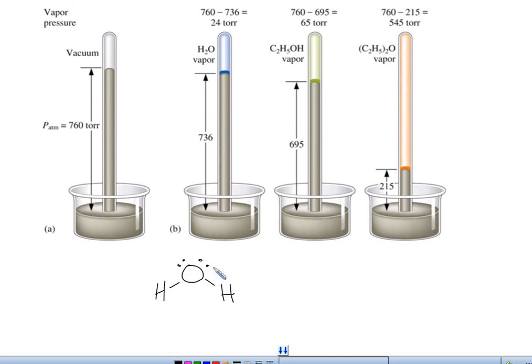So this oxygen region is no doubt slightly negative, and the entire hydrogen end of the molecule is slightly positive. And so we'd always said, I mean, this one's easy. Water molecules are joined with hydrogen bonds. And with water molecules being so polar and so small, they're highly attracted to each other.